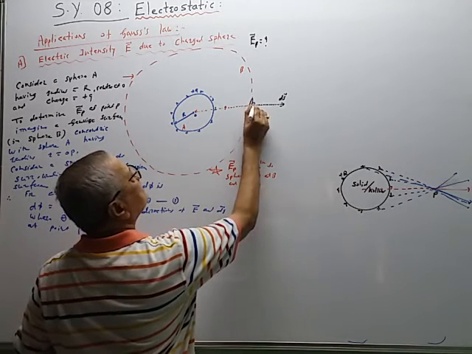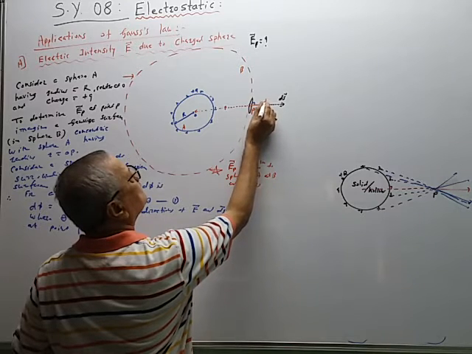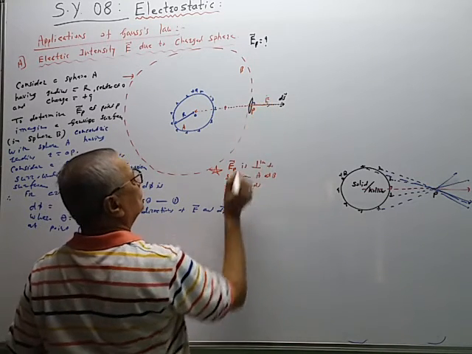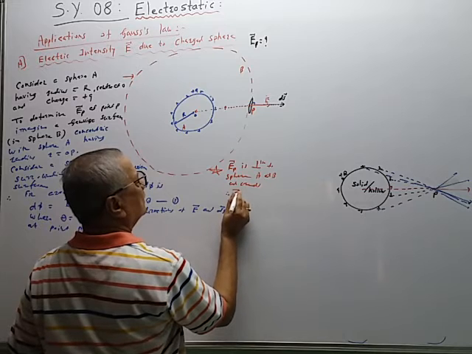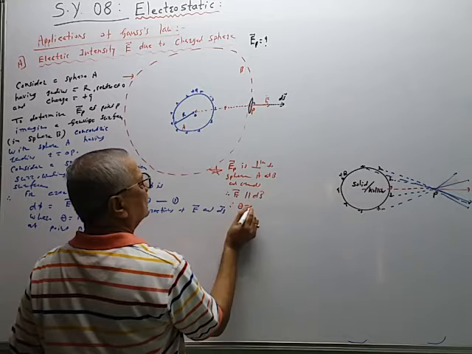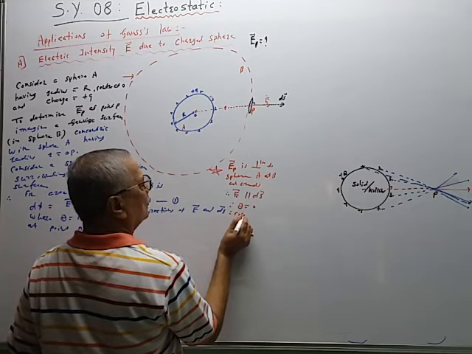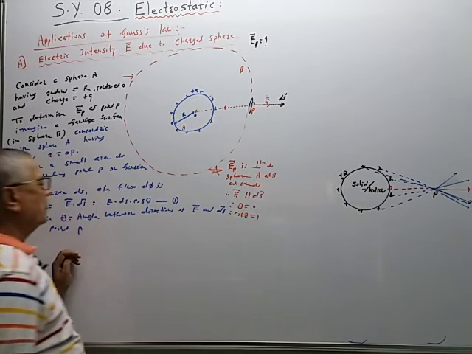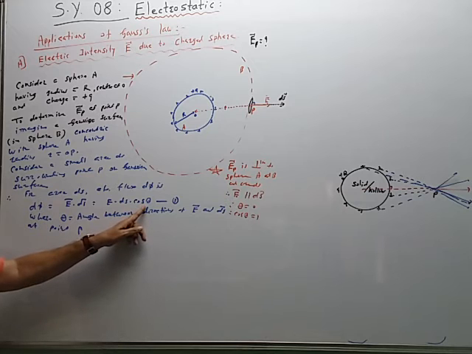So the intensity vector is in the direction of ds. And therefore E is parallel to ds, theta is equal to 0 degree, and therefore cos of theta is equal to 1. या इक्वेशन मध्ये cos of theta बन जातो.